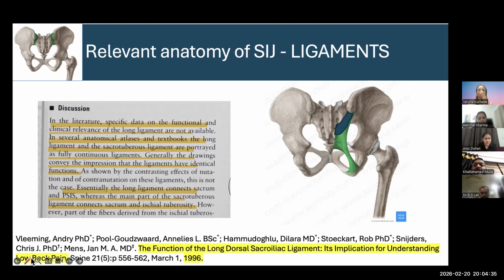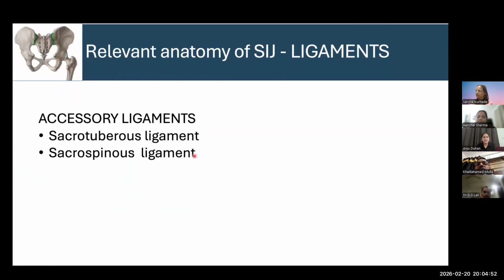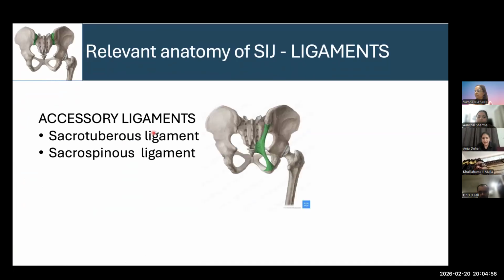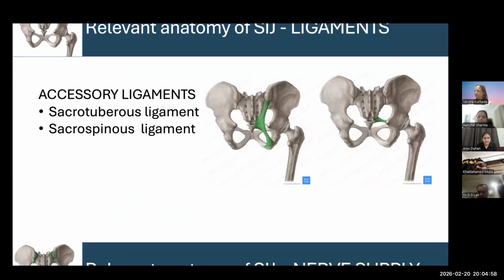It is anatomically also connected to the erector spinae muscle and the thoracolumbar fascia, potentially serving as a source of spinal pain. The accessory ligaments of the sacroiliac joint are the sacrotuberous ligament and the sacrospinous ligament.